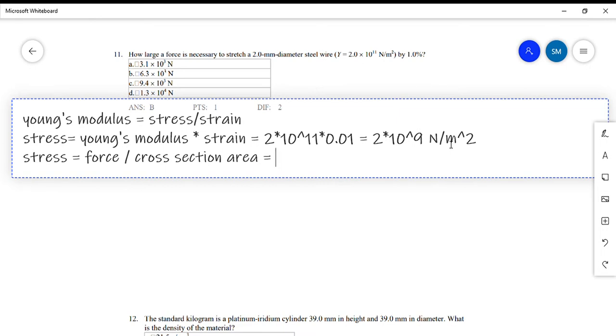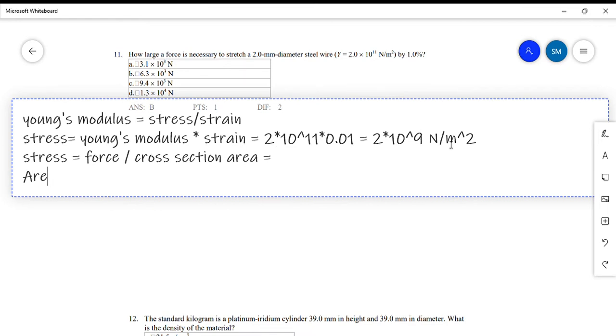If we want to know the force, we have to know the stress, which we calculated, and the cross-section area. The cross-section area is a circle, so first we have to know the area of the circle. Here in the question, he gives us the diameter in millimeters, so we have to calculate the radius in meters.